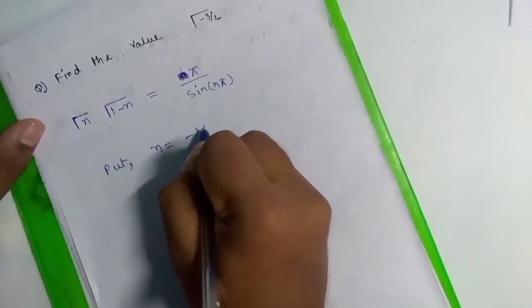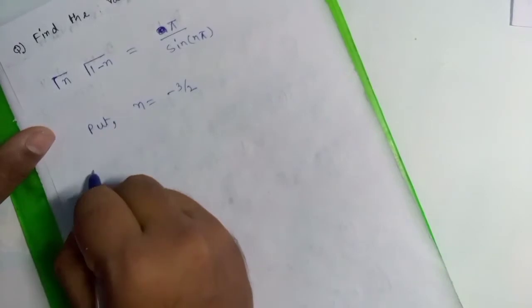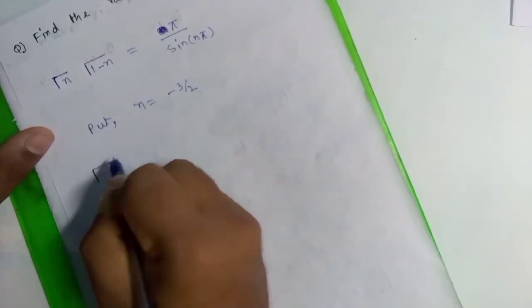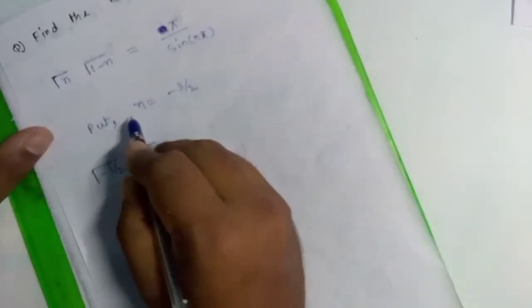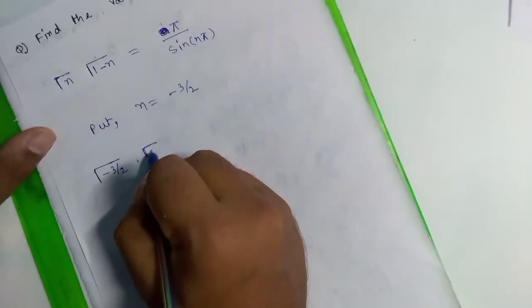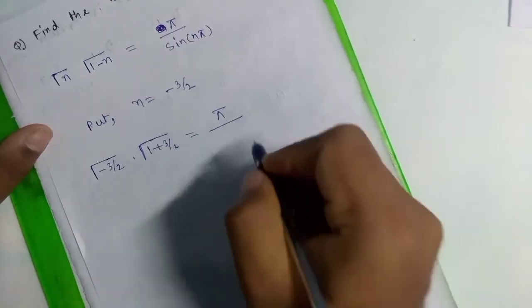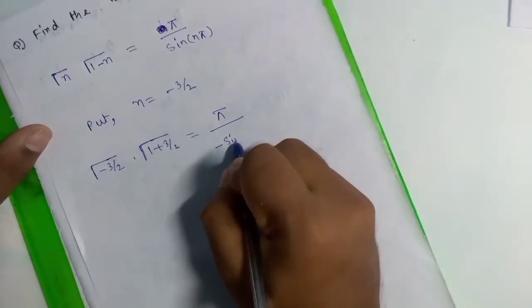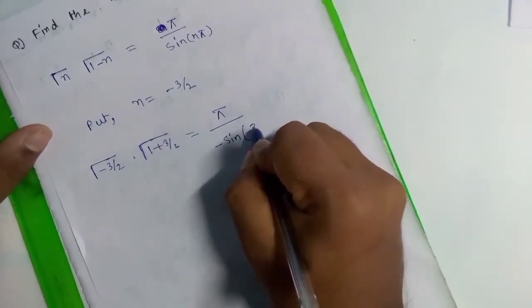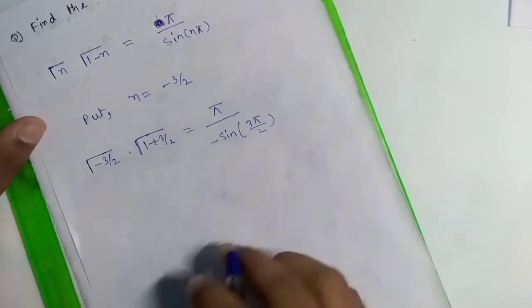If we put n equals minus 3 by 2, then it comes gamma of minus 3 by 2 into gamma of 1 plus 3 by 2, equal to pi over sin 3 pi by 2.